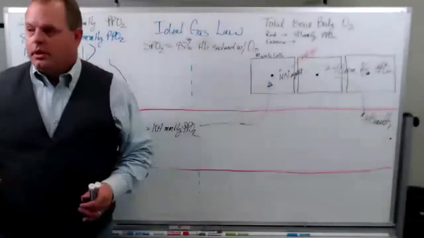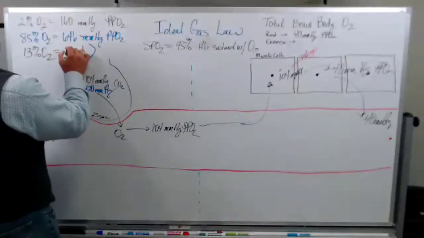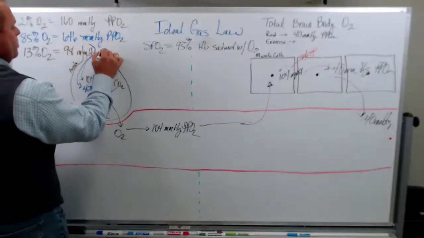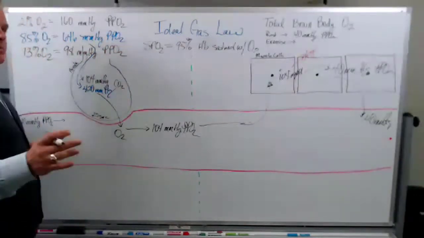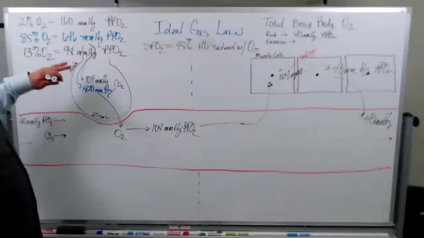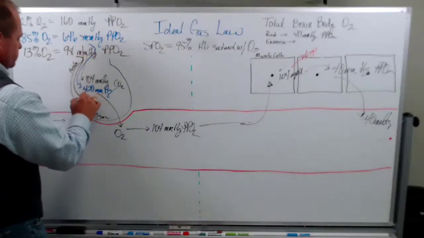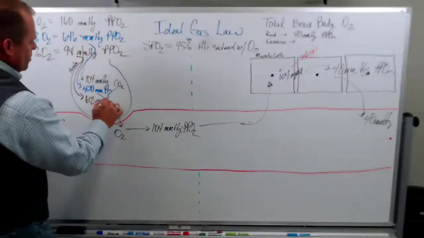13% oxygen means that we drop down to 98 millimeters of mercury partial pressure O2. So when you're under mild to moderate exercise breathing 98 millimeters, by the time it gets here, we're not at 98, we're at 68 millimeters of mercury.